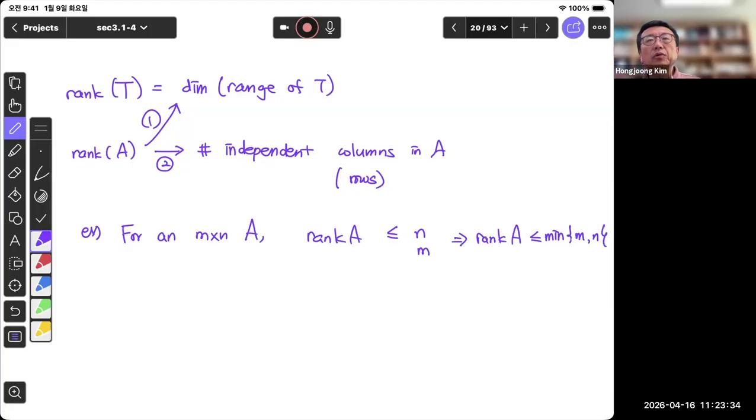So the rank cannot be greater than the number of columns or the number of rows.